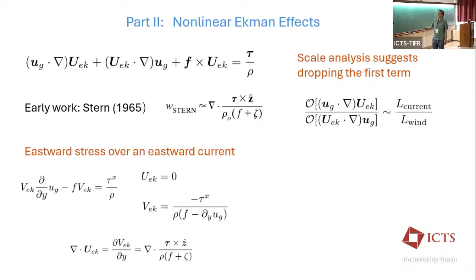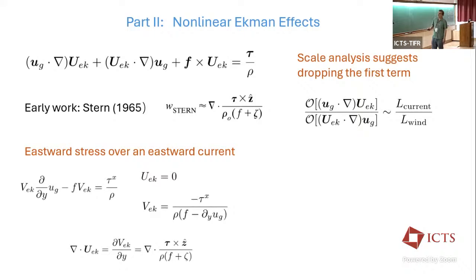If you imagine just an eastward stress over an eastward current, both tau and u only depend on y, so to speak. What's u Ekman dot grad u geostrophic? My u geostrophic is just u, and it only varies with y, so I just get v Ekman d/dy of u geostrophic, and that's balanced by tau over f.